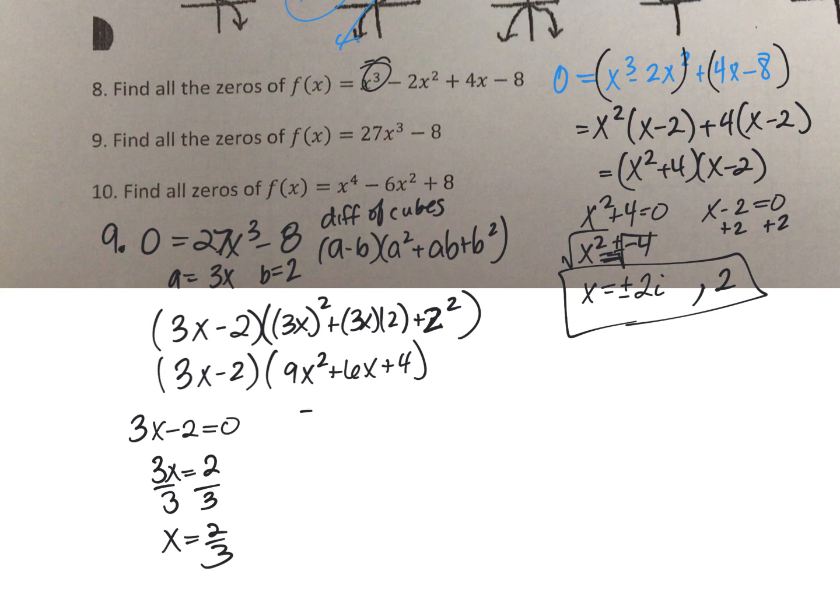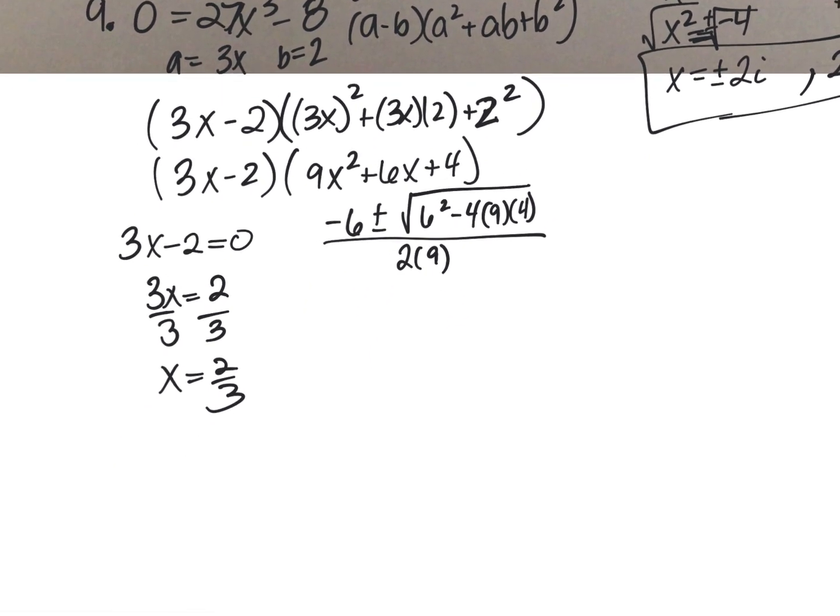Negative 6 plus or minus the square root of 6 squared minus 4 times 9 times 4. That's 4 times a times c, over 2 times a, 2 times 9. Okay. Yes, we have to remember the quadratic formula. Yes, we have to remember how to factor quadratics.